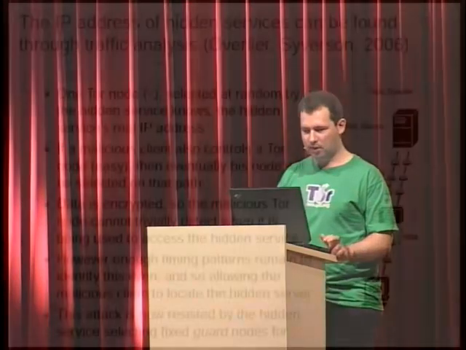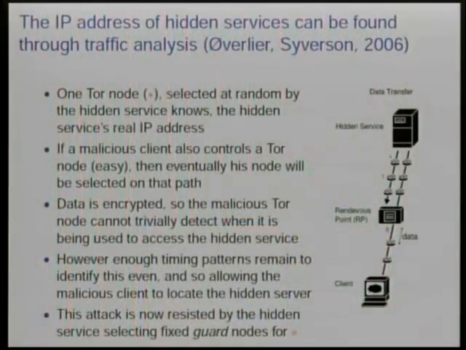Tor hidden services aren't perfect, and earlier this year there was a paper published which showed one weakness in the Tor hidden service system. This is the 3rd stage from the previous slide up here. You'll notice that there is one Tor node here which has a direct connection to the hidden service.